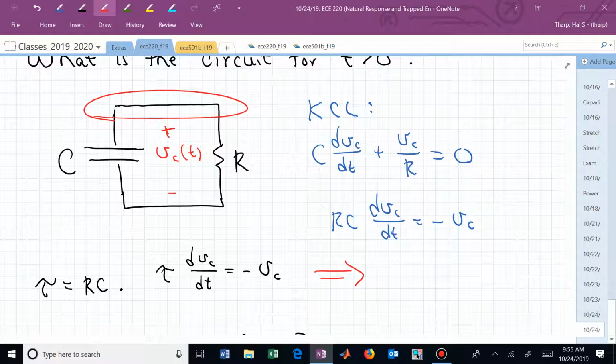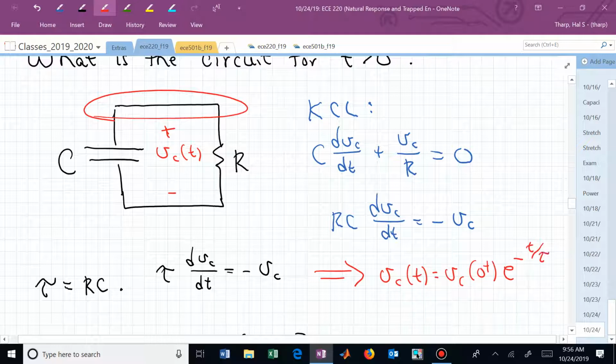It's the same structure now. This is now V sub C of t is equal to V sub C of 0 plus e to the minus t over the time constant tau.